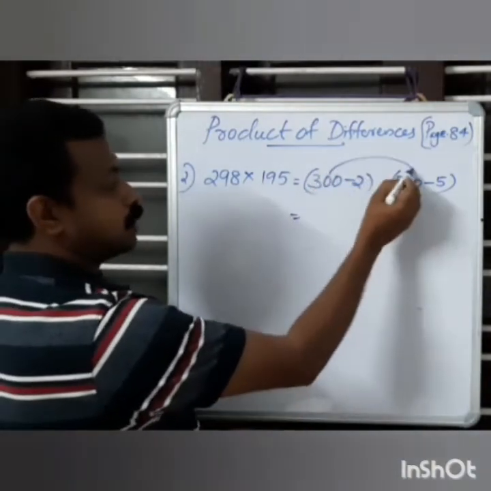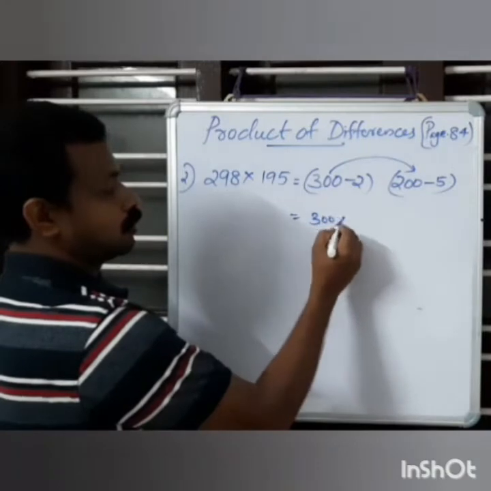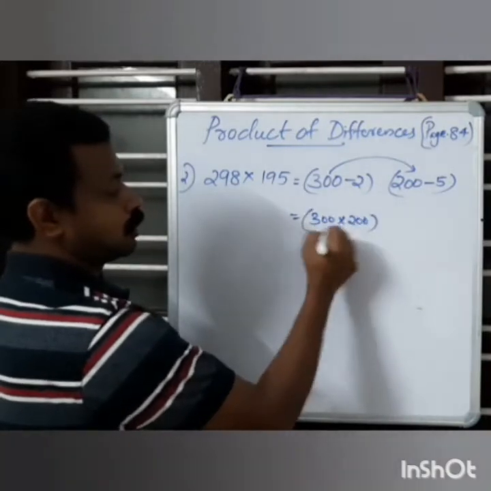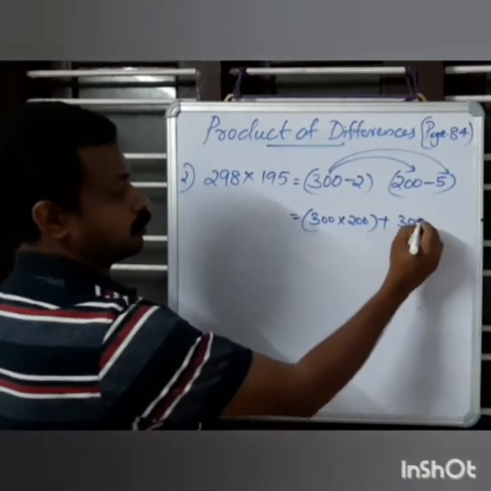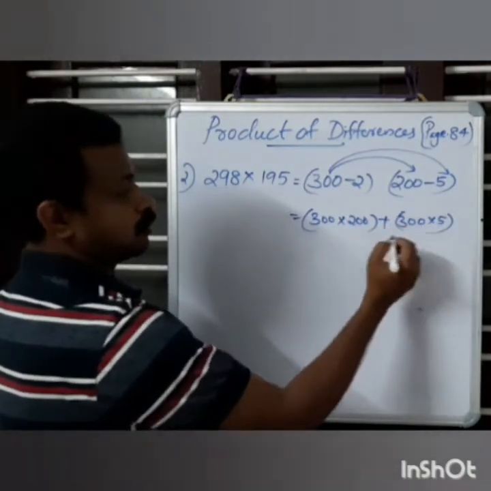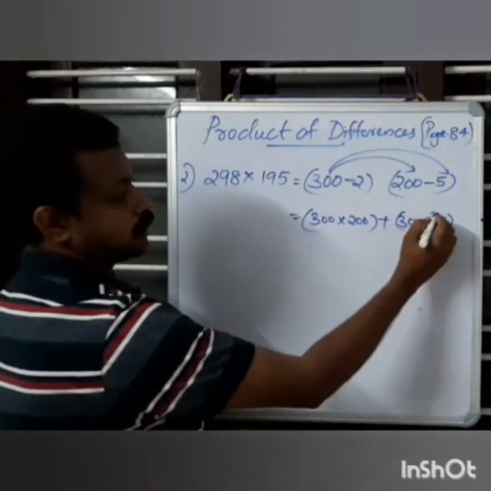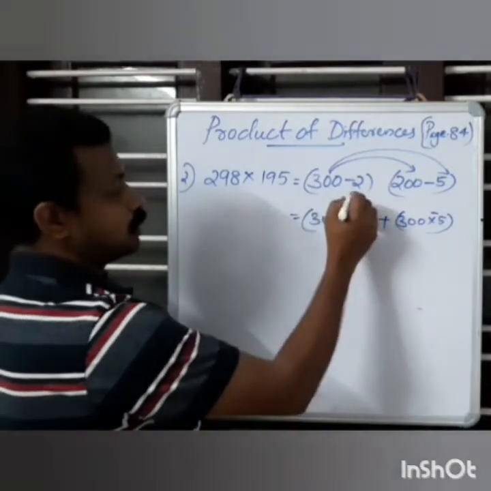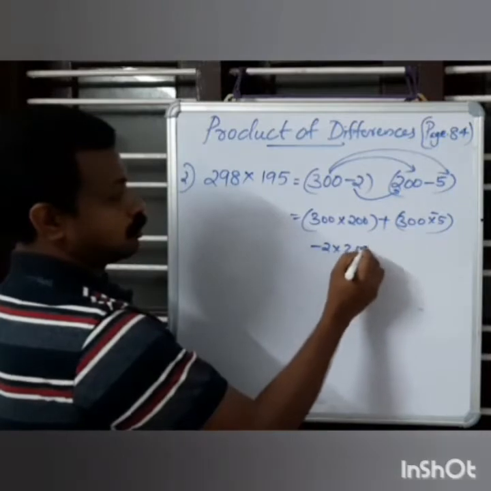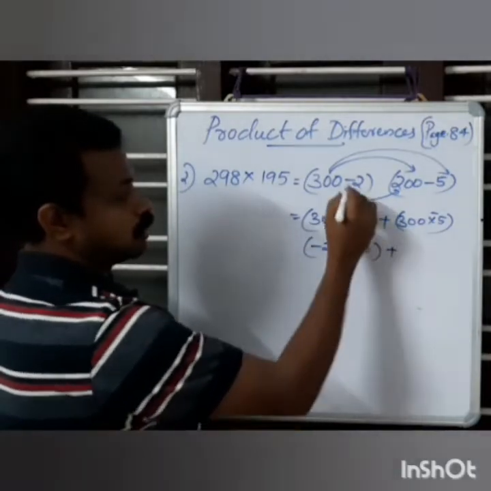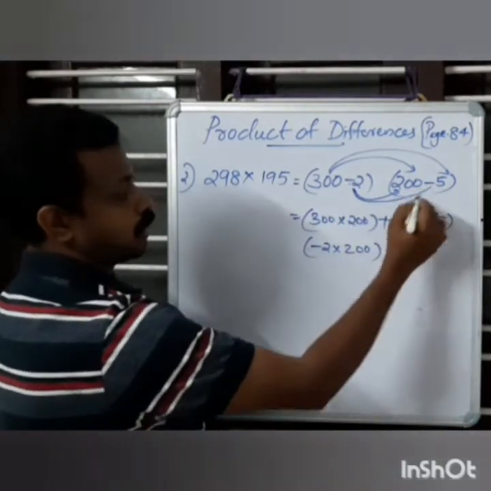Then 300 into 200, plus 300 into 5. It is minus 5. Okay. Then minus 2 into 200, plus minus 2 into minus 5.